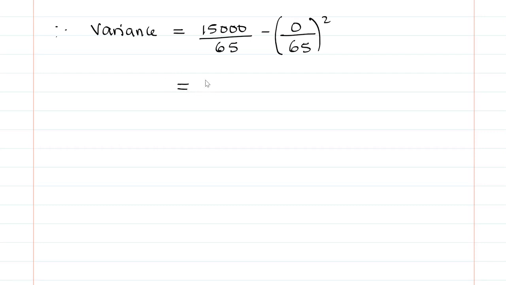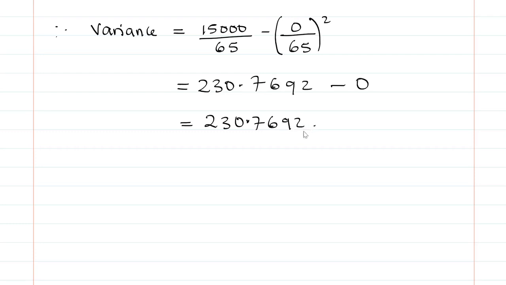I'm dividing this side, 15,000 divided by 65, I'm getting 230.7692, to 4 decimal places, minus the whole of that side becomes 0, and therefore our variance is 230.7692. That is just our variance.